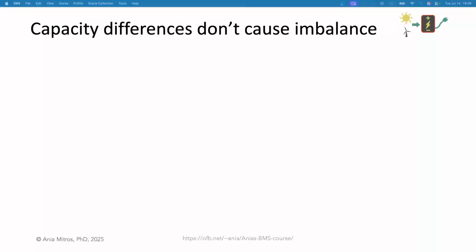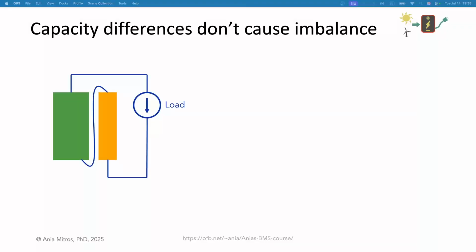Capacity differences don't cause imbalance. I've heard this misconception repeatedly, so let's discuss it. Imagine two cells with unequal capacity. Here, I've drawn a factor of 2 capacity difference so we can see easily what happens. Let's start with both cells at 100% state of charge. As we discharge, the cell voltages deviate.